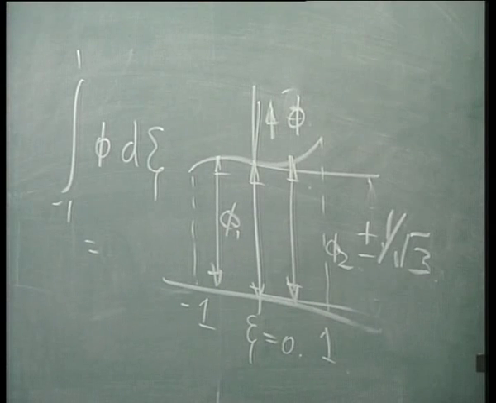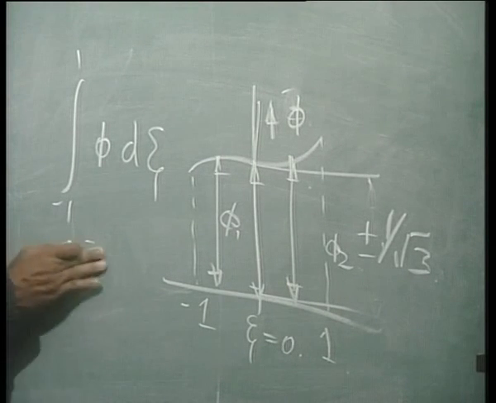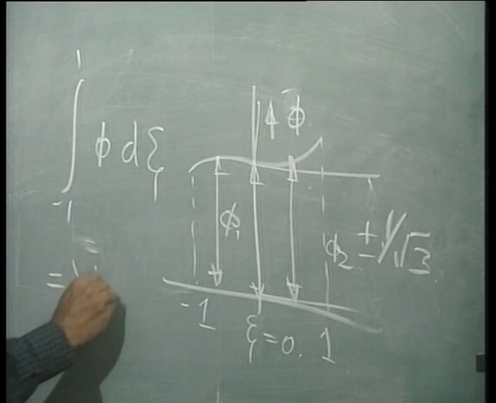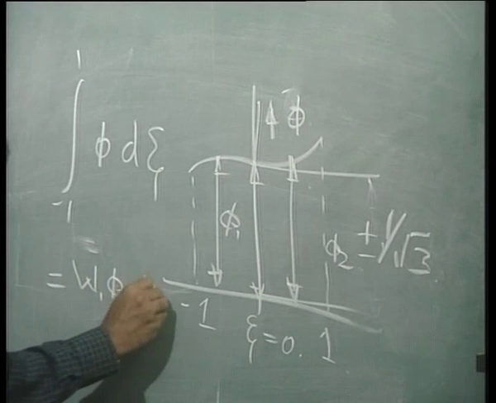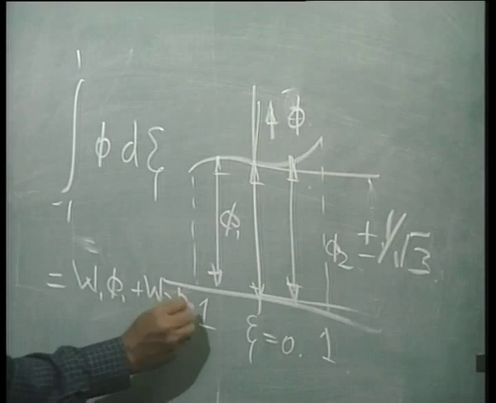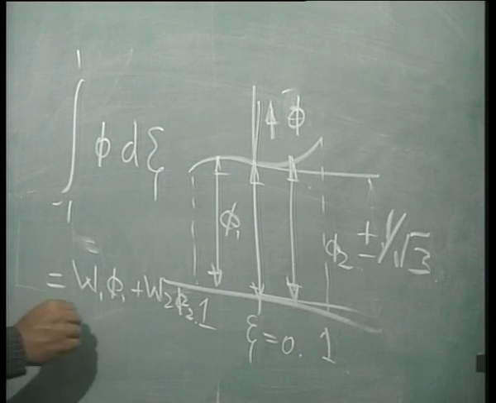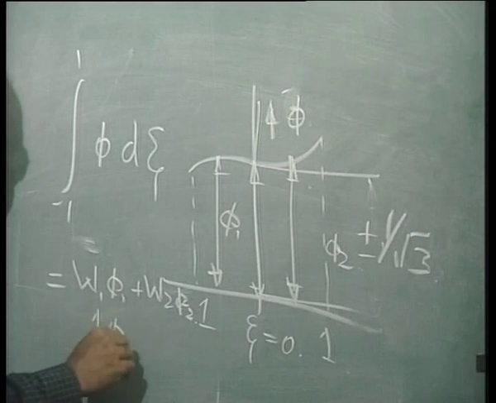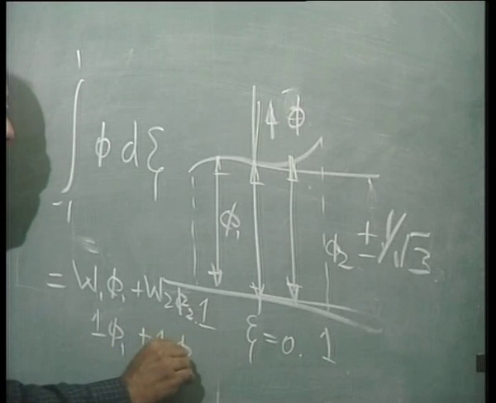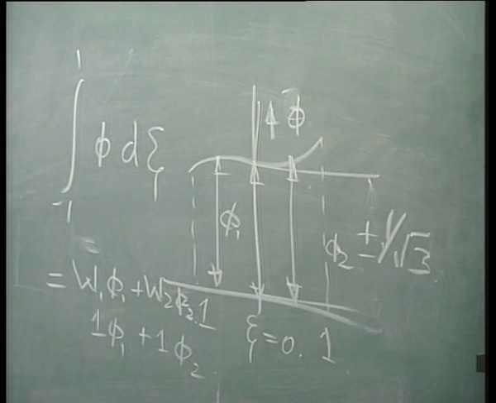The numerical integration rule states that this integral can be written as W1 phi 1 plus W2 phi 2, where W1 and W2 are the weights, okay, and they happen to be 1 in this particular problem or in this particular rule. So, this is called the 2 point quadrature rule.